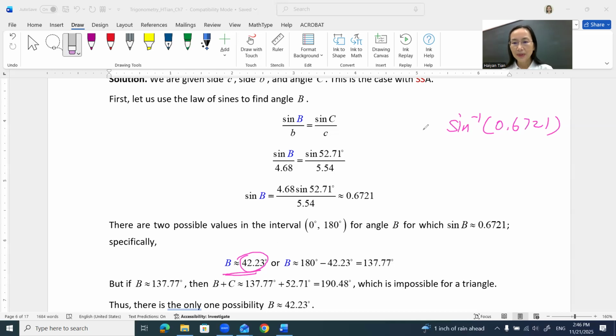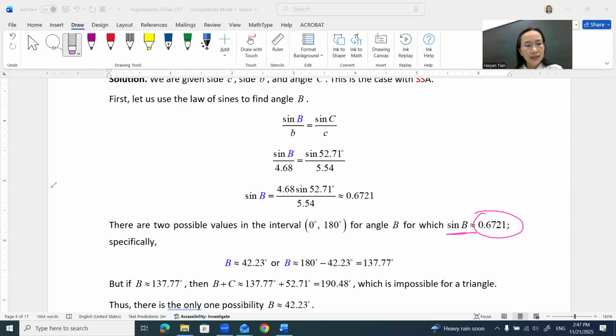So by doing this, we get an acute angle. But we also know that B could be an angle larger than 90 degrees, because it's an interior angle of a triangle, so it has to be less than 180. That means it's possible it is obtuse, with the same sine value.